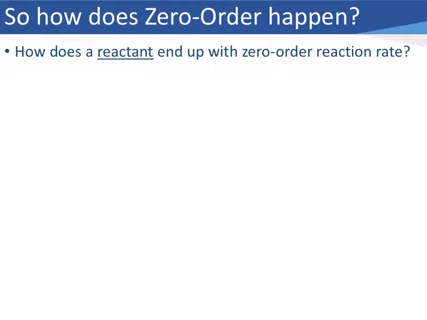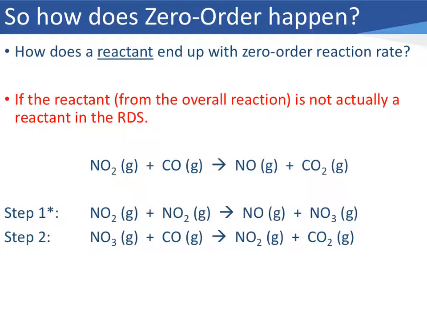One question that might come up is, can a reactant end up with a zero order reaction rate? Is that possible? The way that a reactant ends up with zero order is if the reactant from the overall reaction is not actually a reactant in the rate determining step. So let's go back to this reaction.